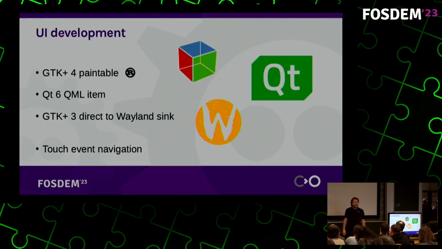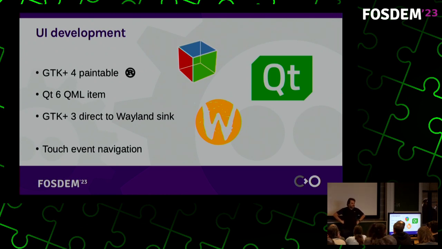And it's nice. All these things are nice, but sometimes you want to have a UI, and a few features were recently added there. We have a GTK4 paintable, so that's an object, I would say, that you can use with the GTK4 to actually draw something on the screen. So now you can easily integrate GStreamer with GTK4, zero copy, playback.